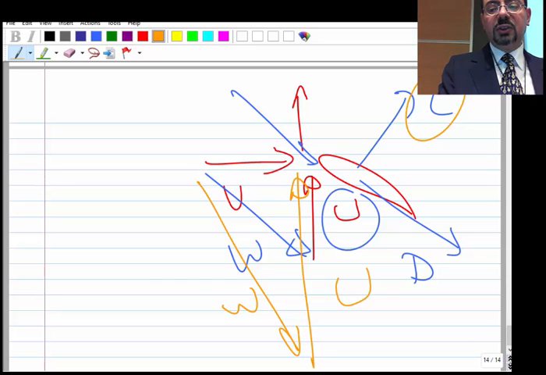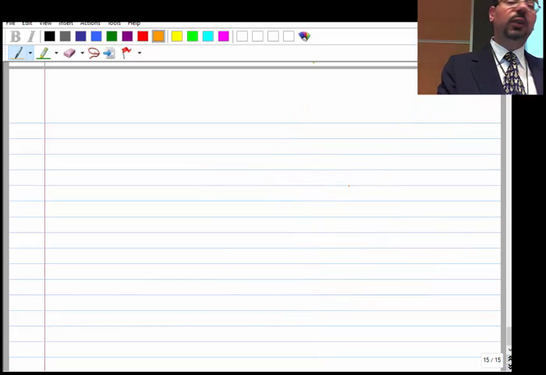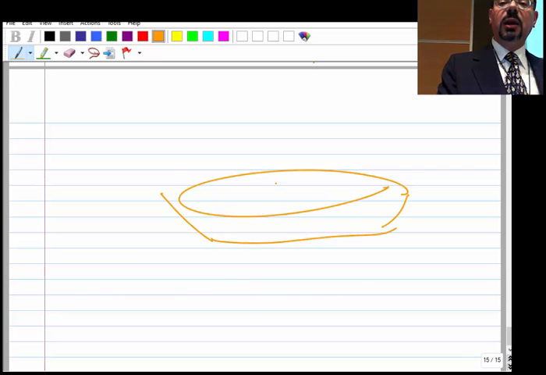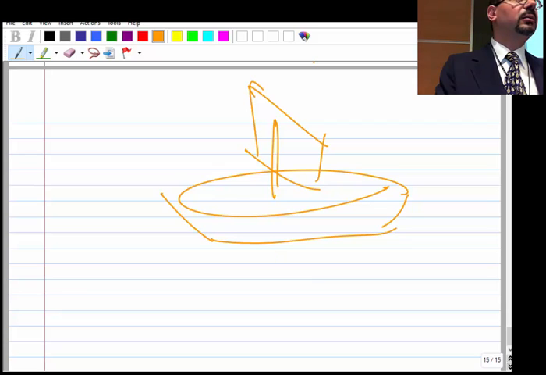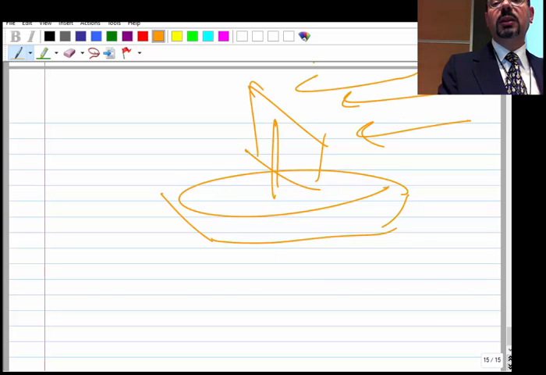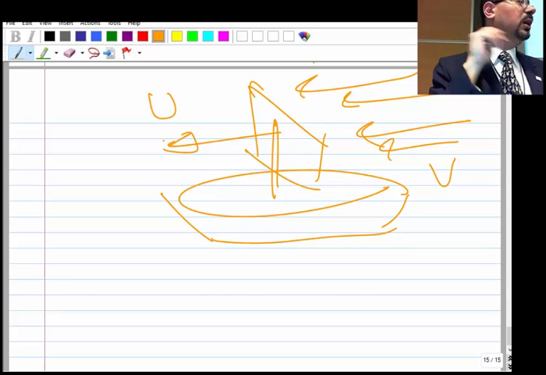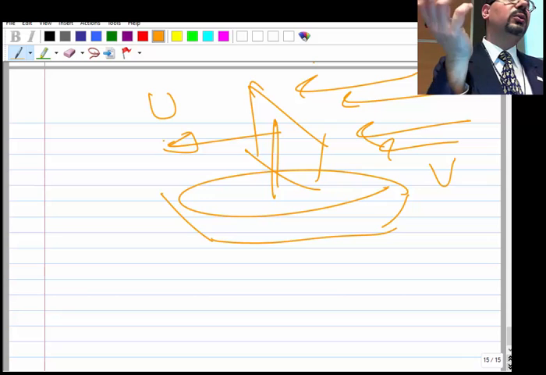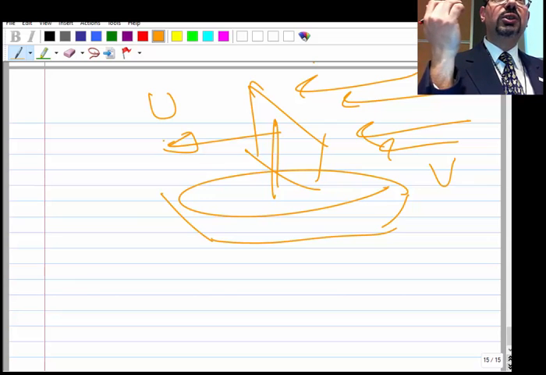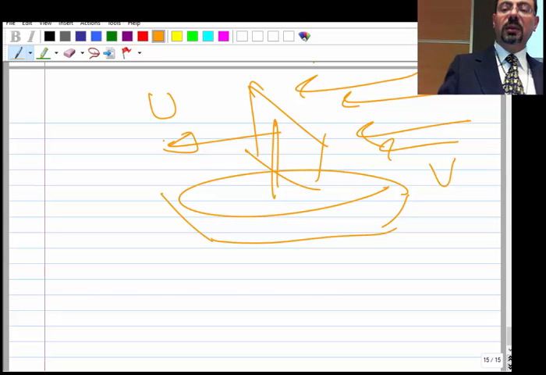But if you depend on the drag, like you are in the Viking era, and you have this drag-based sail, and you just depend on the wind coming from behind you, then the maximum velocity you can dream of is U equal V, because once you hit U equal V, the relative velocity will be 0, and the drag would be 0. You cannot fly, right? There's no force. Okay?